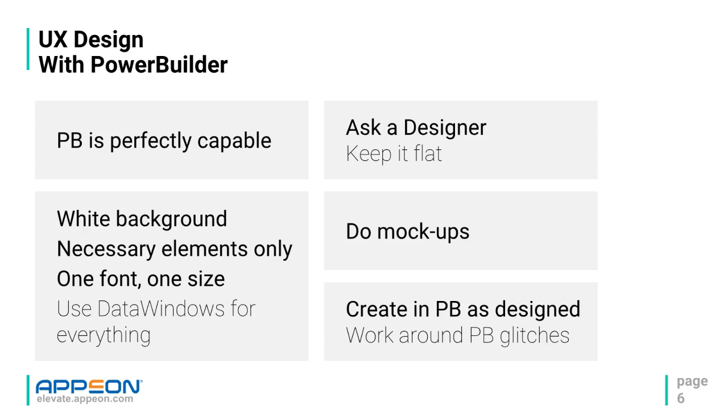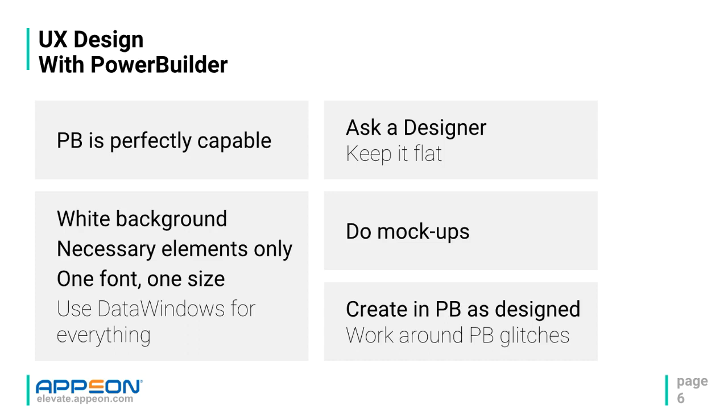And an important thing, use data windows for everything. If I want to do a drop down, just a single drop down, without any data needed or whatever, I use a data window and put the drop down in there, because that's the only way to do a good user experience.